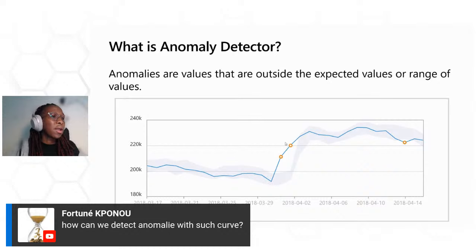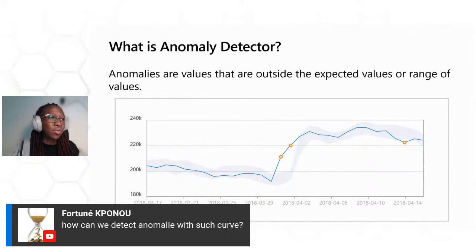But then sometimes you might realize the data does not fall within the range that we had predicted. So what do you do? This is where the anomaly detector comes in and tells you there's a danger sign here. Probably you'll check and see why you had bad sales.